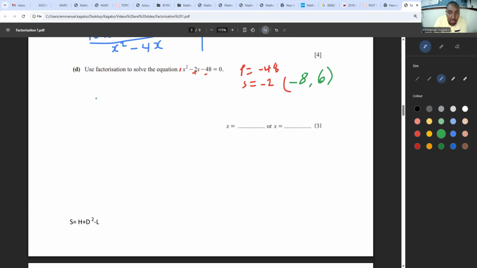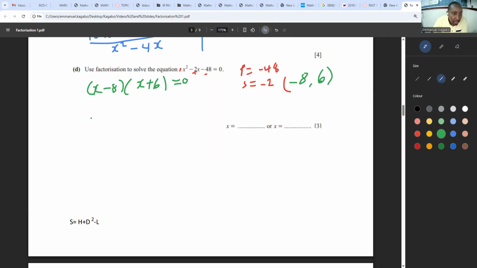And the value of a is 1. So straightforward, it is going to be x minus 8, x plus 6, equal to 0. Remember, we are solving, and therefore it should be equal to 0. If I was factorizing, I would have stopped there. Now, if you're multiplying two numbers and you get 0, that means one of them is 0.